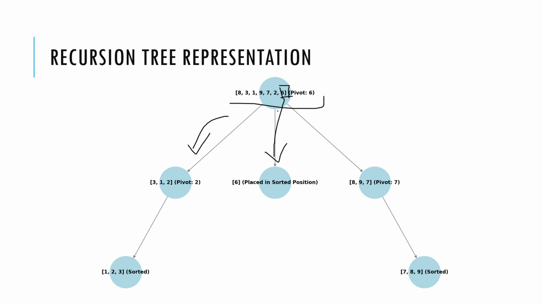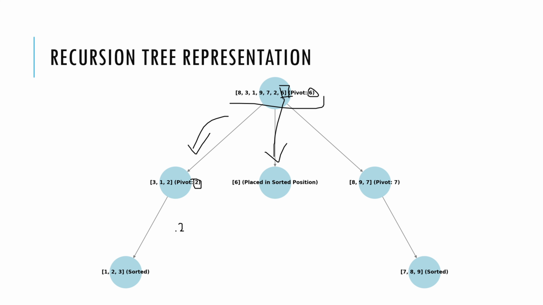The right elements were elements that are greater than 6, which were 8, 9, 7. Then we had the left and right elements of pivot 2. So we had 1, 2, 3 that was sorted.